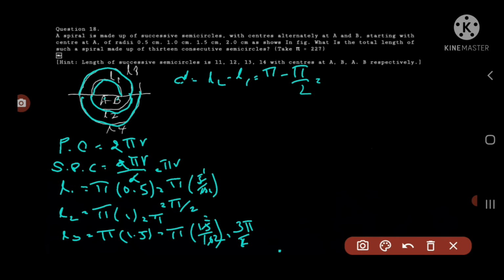If we take the LCM, 2 pi minus pi by 2, that is equal to pi by 2. Now the D value is pi by 2. A is equal to L1, and the L1 value is pi by 2. Now we know the A value and the D value.